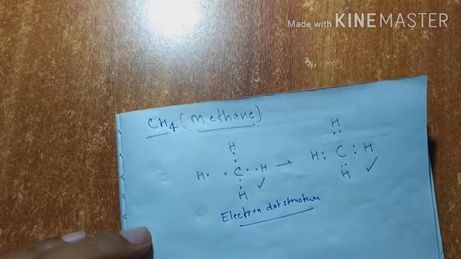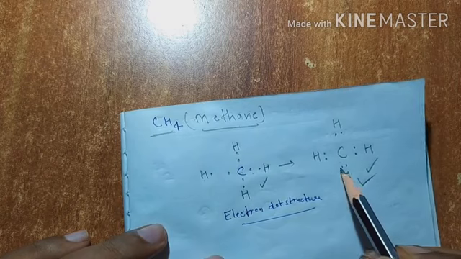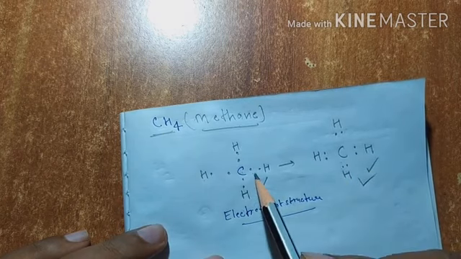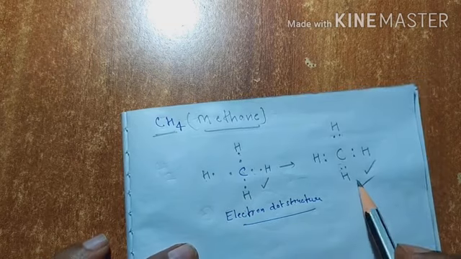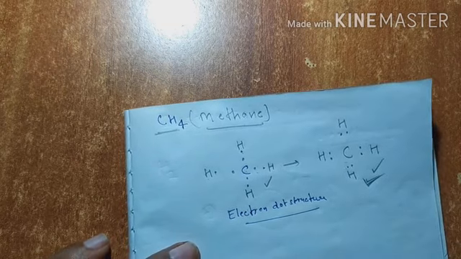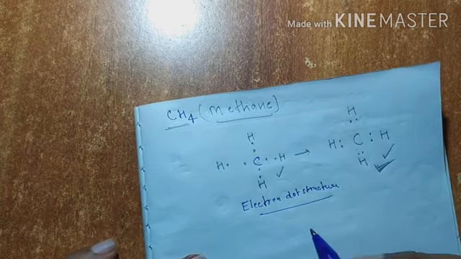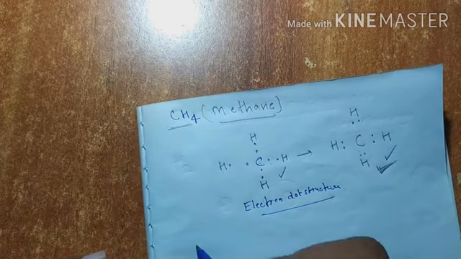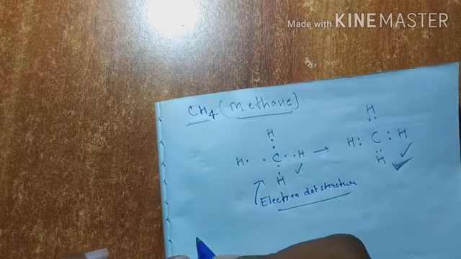But if you prefer the textbook, you can do this one. Put the electrons this way, not here and here. Both are correct, but in your textbook it is given like this. Now the electron dot line structure. This is the electron dot structure, line structure.